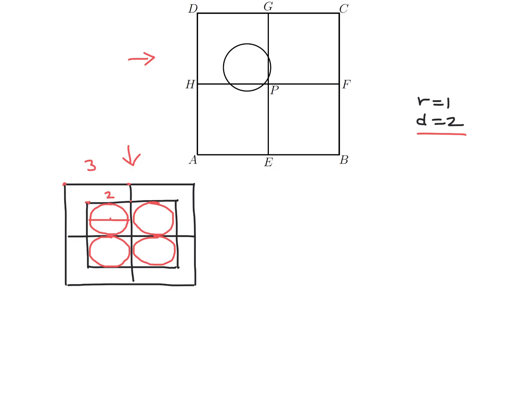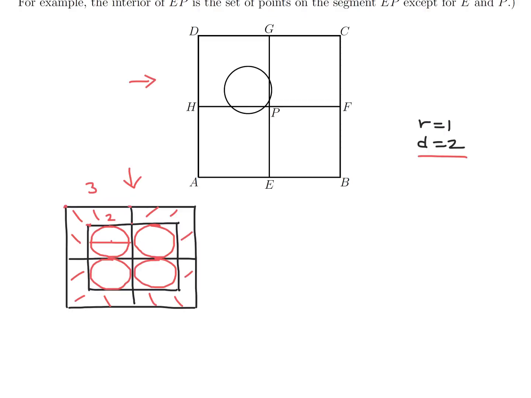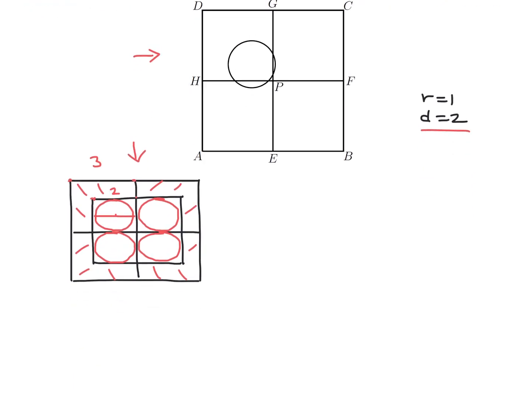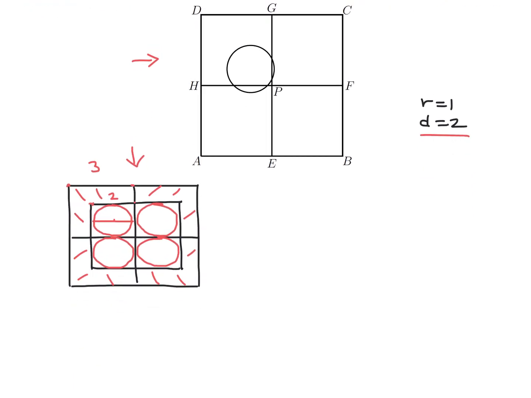But they have to be close to that, because if they go out into that territory, they're never going to cross the GP. Those line segments, GP, HP, EP, or FP, will never be crossed if they go out into that red territory.